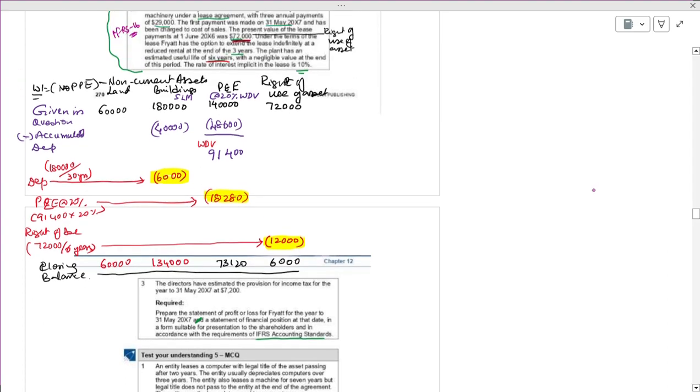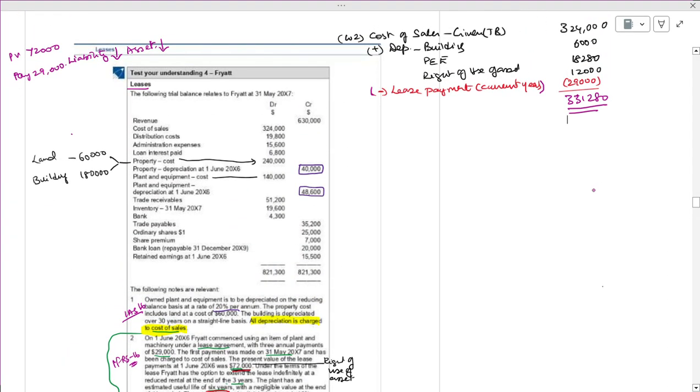Now, coming back to this, you should know what is the current liability and what is the non-current liability. We are talking in terms of lease. Now I will ask you, you have to help me. 31 May 2007, 31st May 2008.